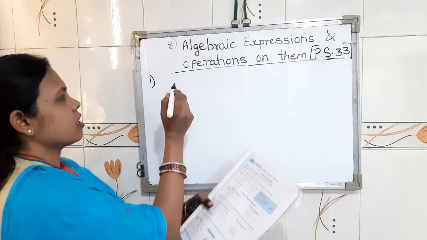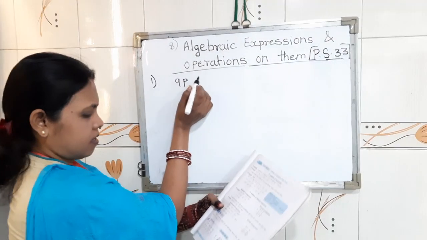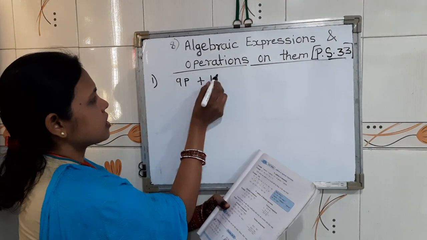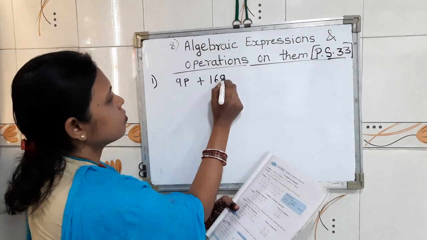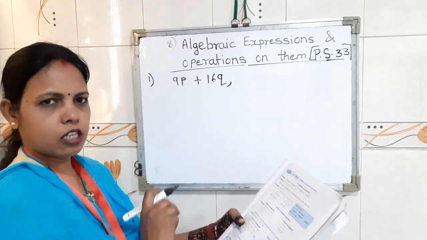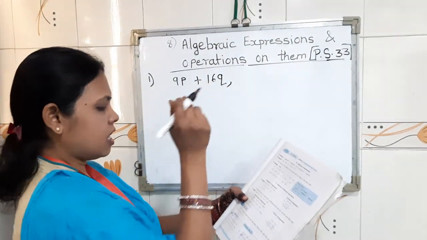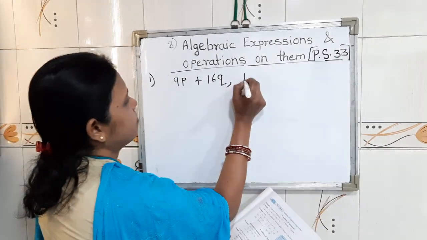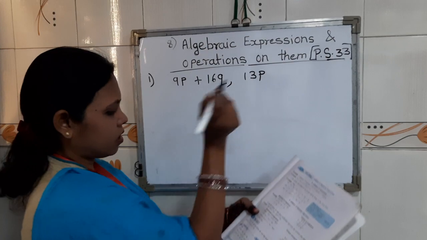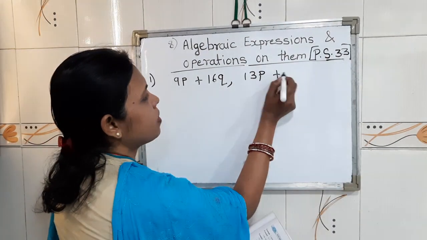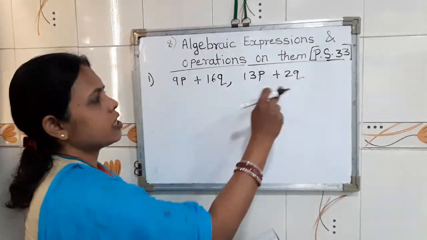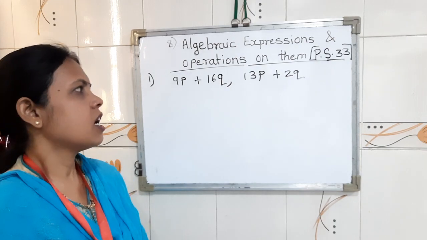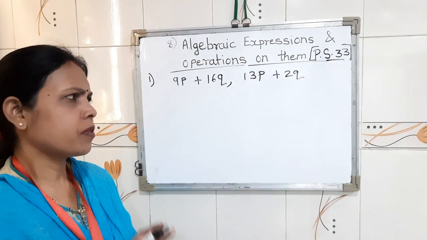First question: 9p plus 16q. This is a binomial, and to it we are going to add 13p plus 2q. This is the question given. Now what will we do?